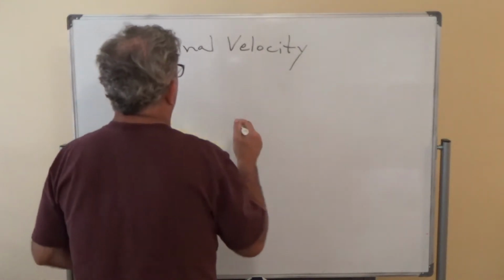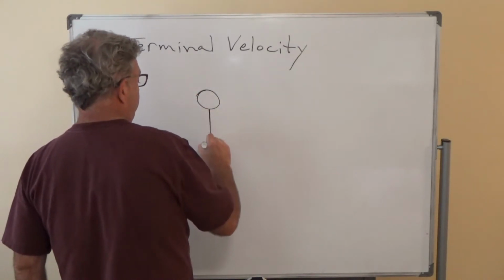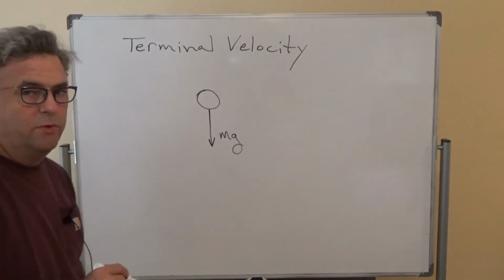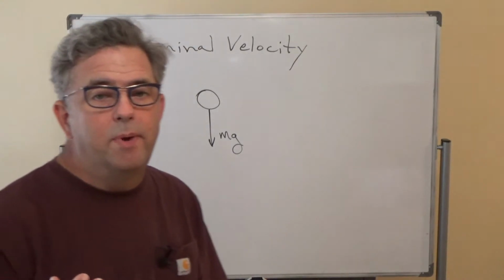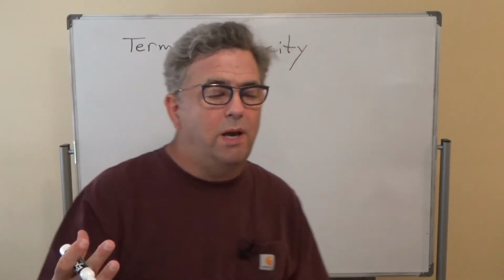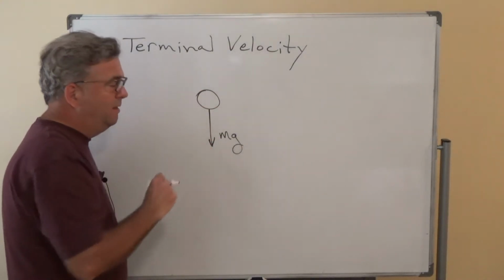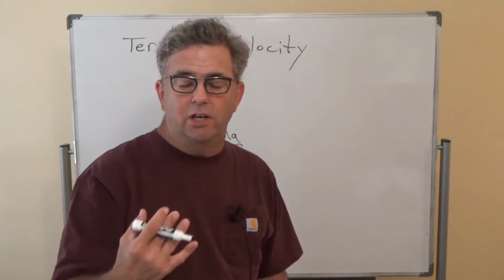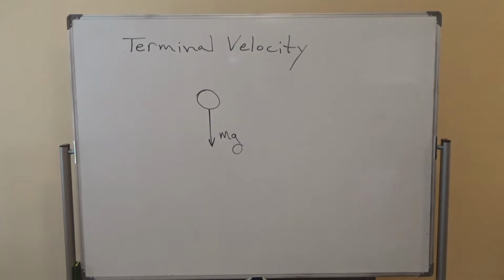Yeah. Okay, so imagine an object falling. This is mg. It's falling under the influence of gravity. We've been ignoring air resistance the whole time. If there's no air resistance, you know that it falls at an acceleration g. It's independent of the mass. Let's talk about that for a second, okay?